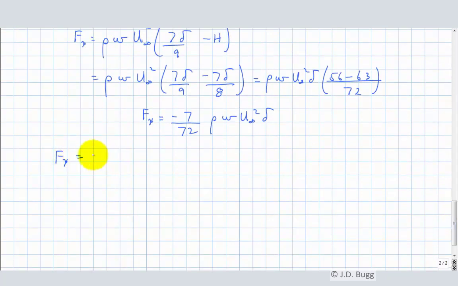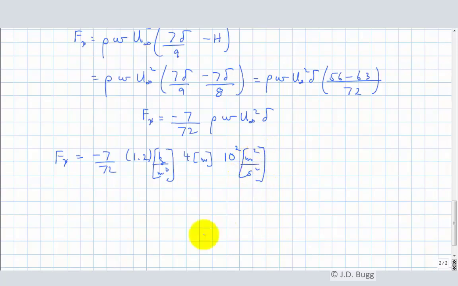So let's do that. We have negative 7 over 72, a constant out front. We have 1.2 kilograms per meter cubed, which was given as our density. w was given as 4 meters. u infinity was 10 meters per second, so that's 10 squared meters squared per second squared, our velocity squared.